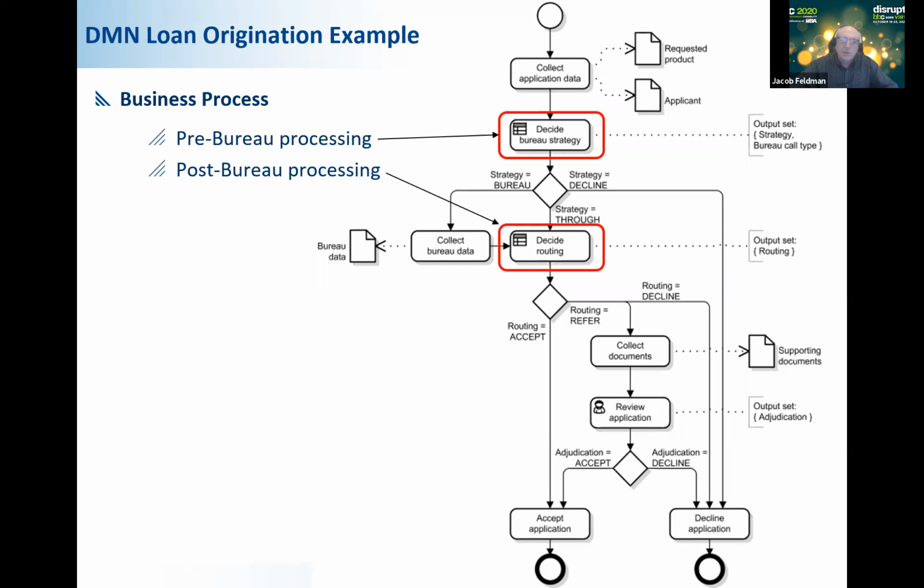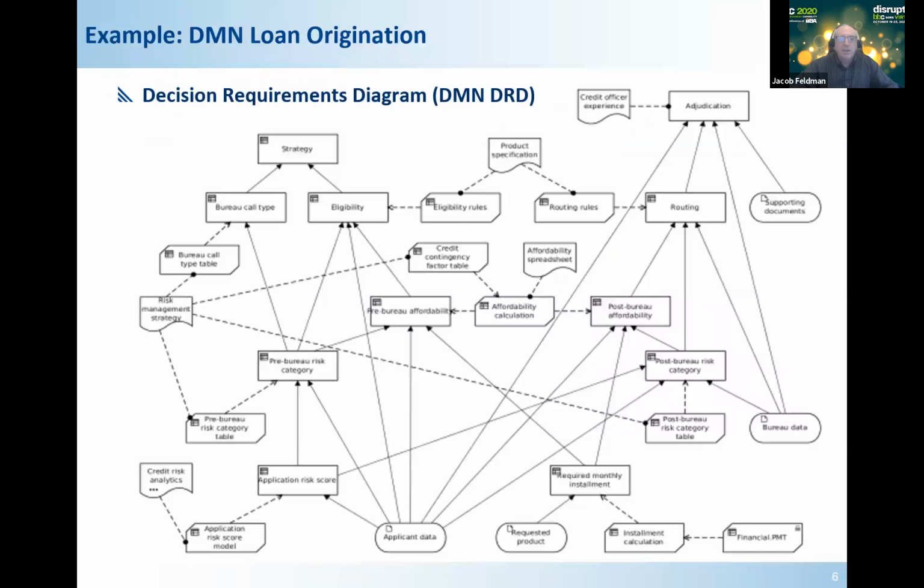And we can look at the so-called decision requirements diagram, which I borrowed from the DMN standard. It can scare everybody when you see so many boxes, so many definitions, especially all these complicated arrows.